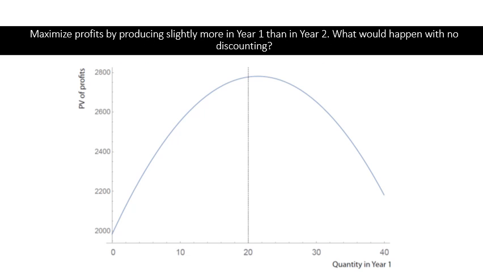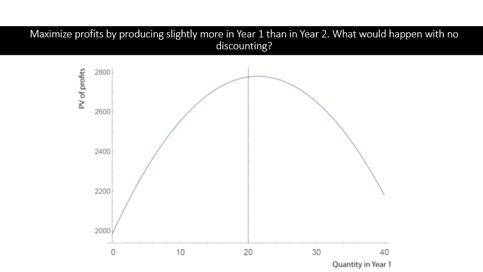We can see this in another way. This graph shows the quantity produced in year 1 on the x-axis, and the present value of total profits on the y-axis. 20 is cutting the total reserves in half and producing half in year 1 and half in year 2.